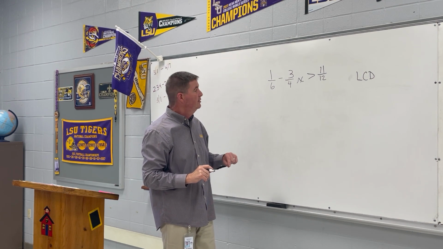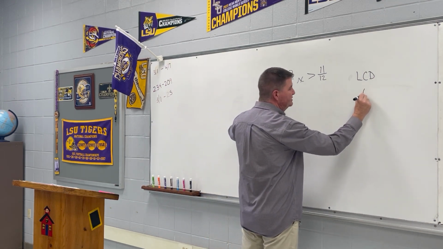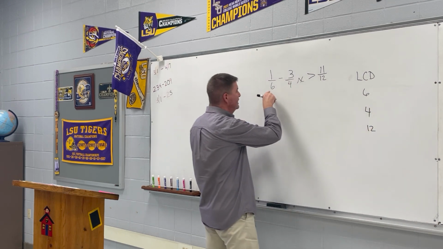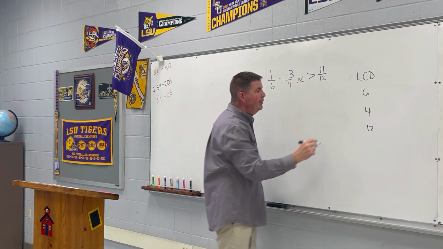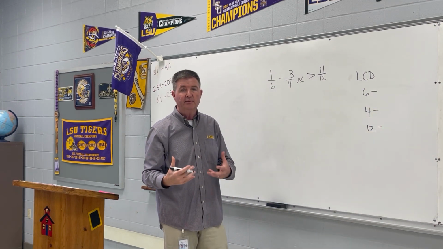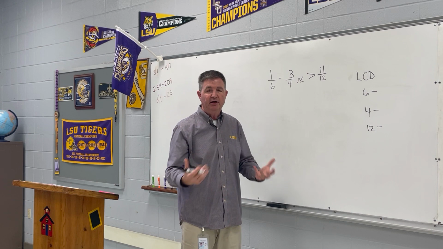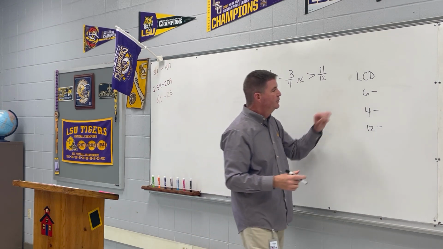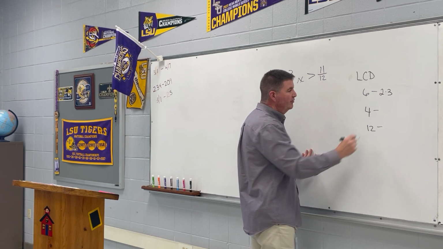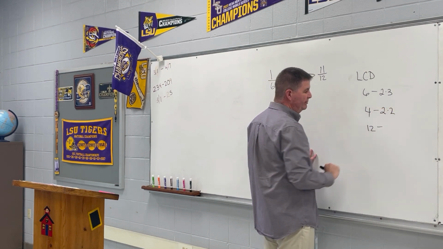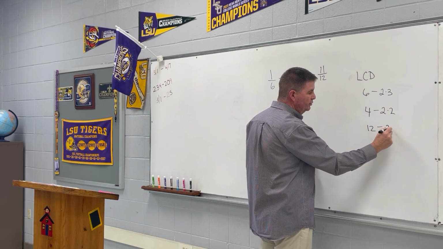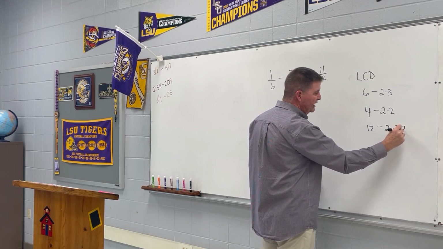But if we're trying to do it, I would take my numbers 6, 4, and 12, because those are my denominators, and I would write each one of them using the prime factors, meaning the lowest numbers that we have to multiply to get that. 6 would be 2 and 3 as my prime factors. 4 would be 2 and 2. And 12 would be 2 times 6, which is 2 times 2 times 3.